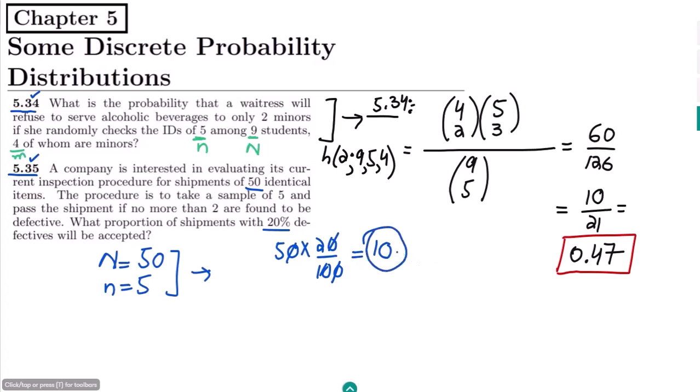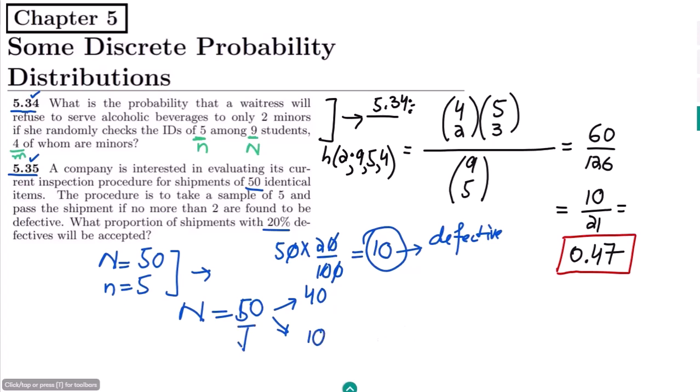So the 10 defective items will be selected. Okay, there will be 10 defective items from it. So N is 50. There will be 40 non-defective items and 10 defective items.